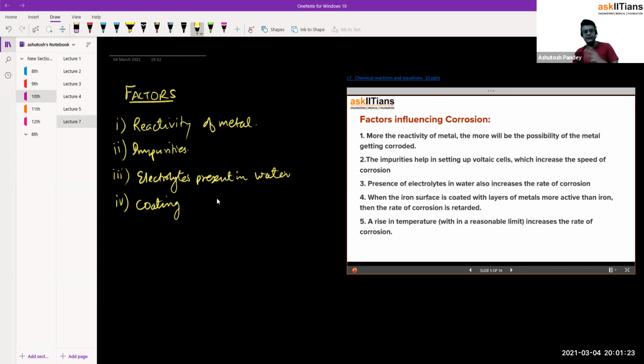So if temperature rises, we will observe more rusting, more corrosion of iron. We can write temperature as fifth. So these are the factors influencing corrosion.